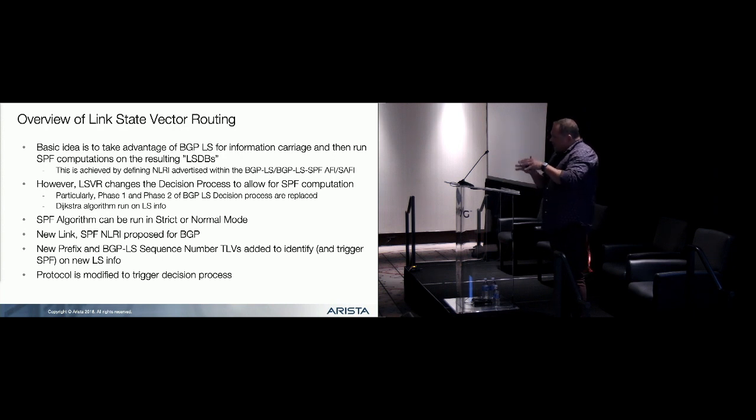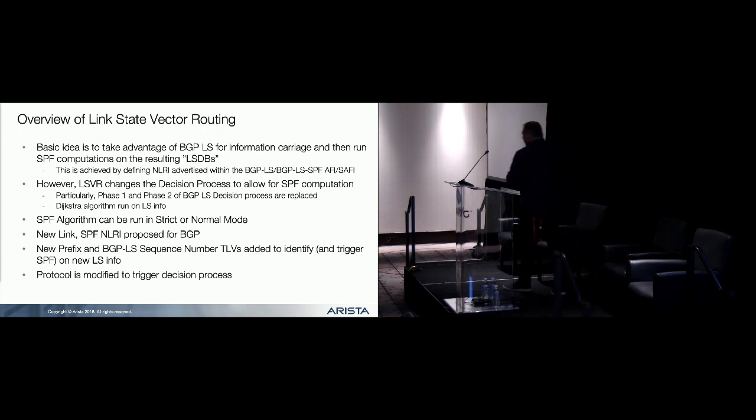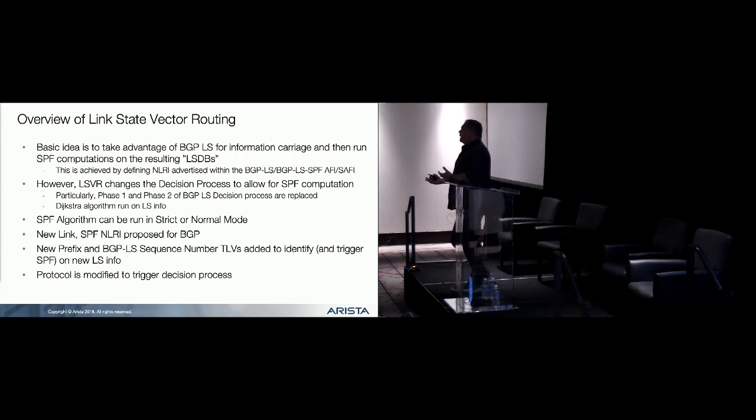This is a slightly modified version of BGP, and therefore it's a hybrid kind of protocol as well, even though it aims to use BGP as the information carriage mechanism. What's interesting about LSVR, maybe principally, is that because there's a lot of BGP already deployed in leaf-spine topologies, an upgrade to BGP could be useful if you want that link state information to be part of BGP.